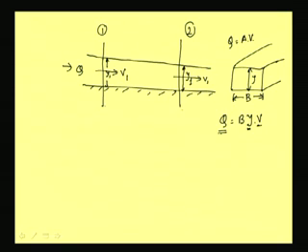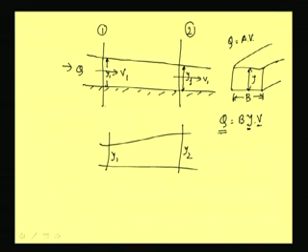Now we can have a flow of this kind, where the flow parameters are y1 here and y2 here. So the flow parameters are changing.